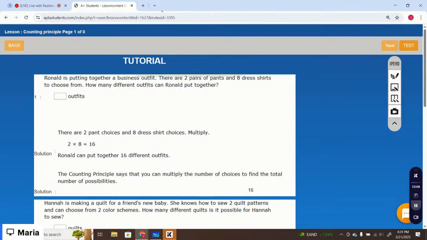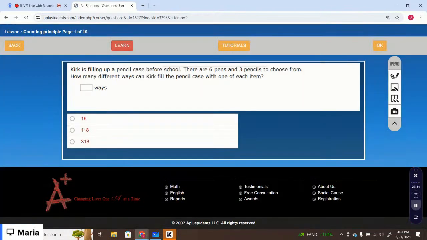Let's just start with the test questions. Faith is filling up a pencil case before school. There are six pens and three pencils to choose from. How many different ways can she fill the pencil case with one of each item?